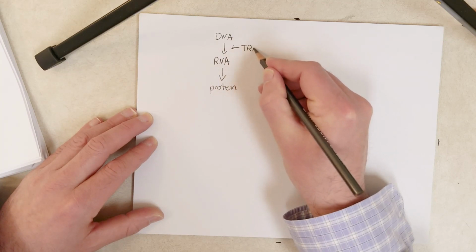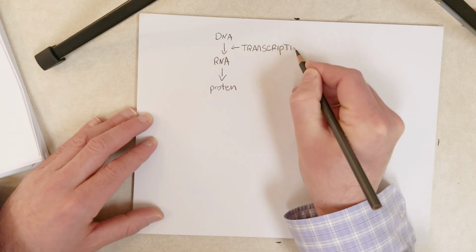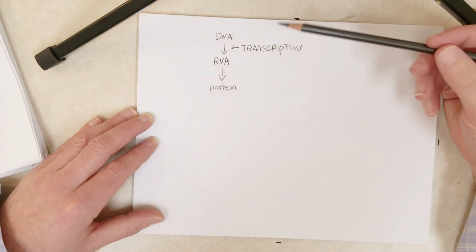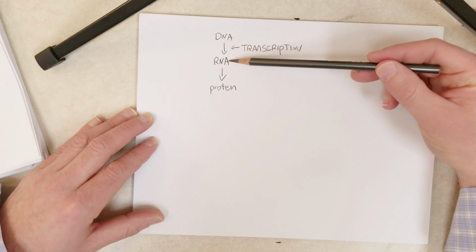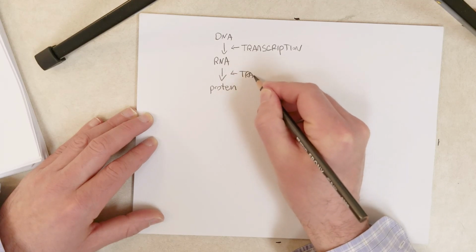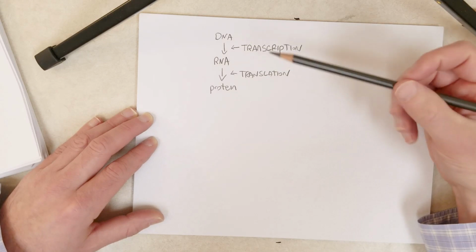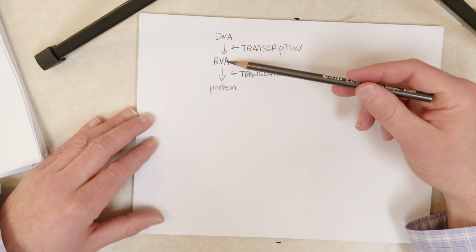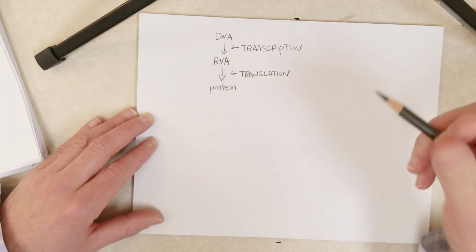We have transcription, which is the process of how DNA is used to make RNA, and we have translation, which is the process of how RNA is read or translated to make proteins.